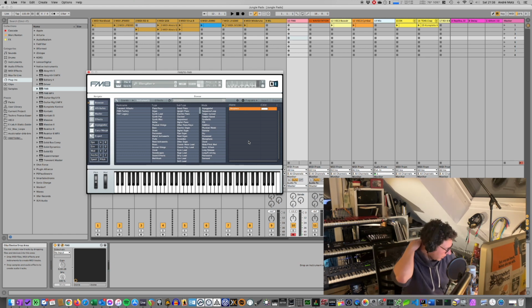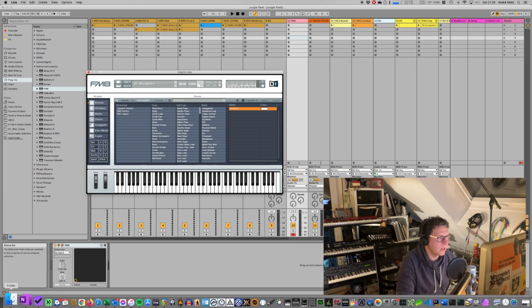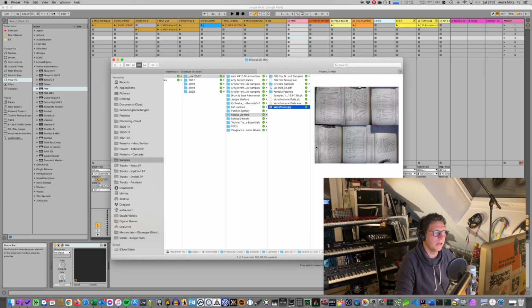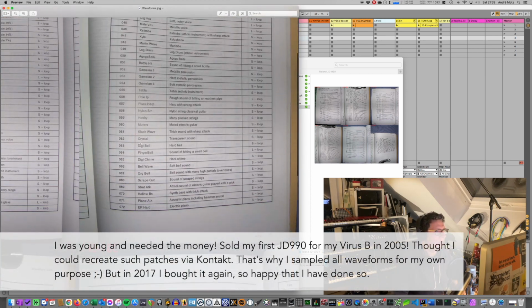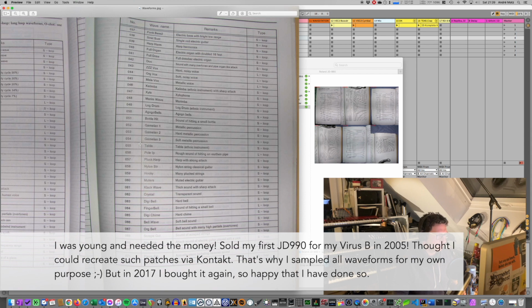I think what's interesting about these pads is that they are not just based on the usual simple waveforms from analog synthesizers like square or saw, but have complex waveforms. Let me show you some waveforms that I sampled 17 or 18 years ago from my JD990. Back then I made a photo of all these waveforms because I don't have the original manual anymore.